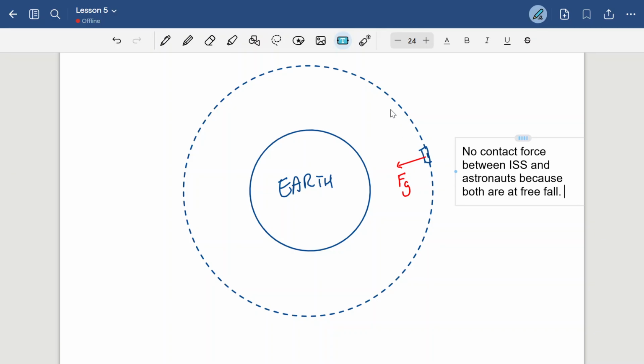So it's like they keep falling, and it becomes a circular motion. The gravitational force in this case is the centripetal force. Indeed, N equals 0, no contact force. Remember, to be in contact, N must be greater than 0. So this one is not in contact.